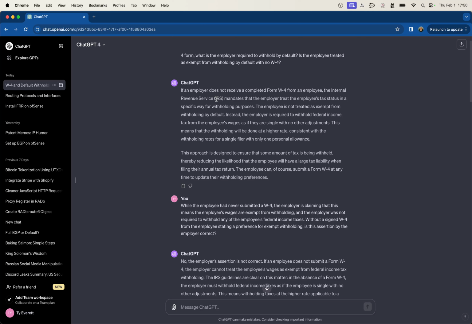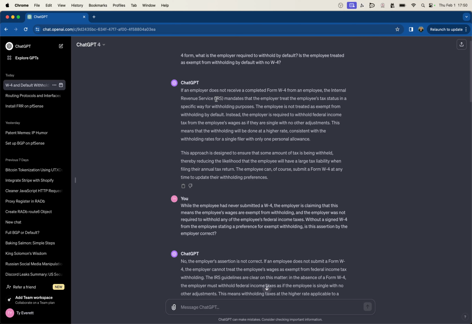And the answer is, the employer's assertion that it was solely the employee's responsibility to request and look at their pay stubs to notice the lack of withholding, and therefore the employee is solely liable for their tax burden, is not entirely correct.